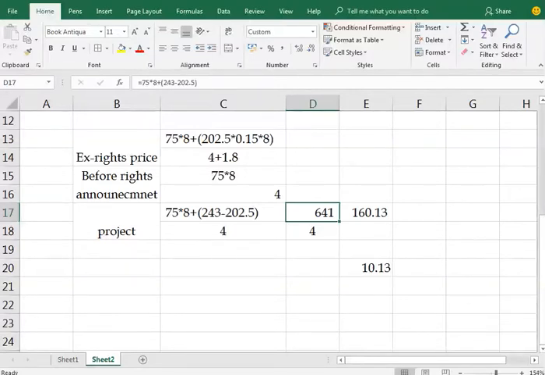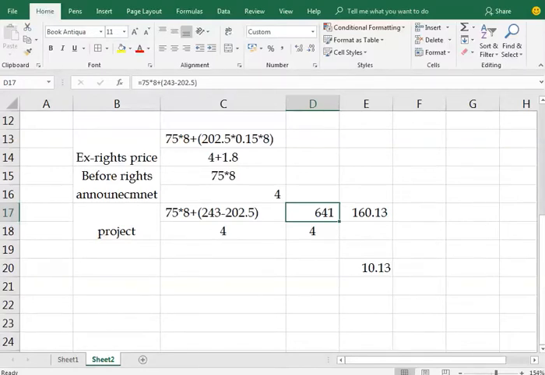Now ex-rights price equals existing shares into existing price, plus new shares into issue price, whole divided by existing shares plus new shares.